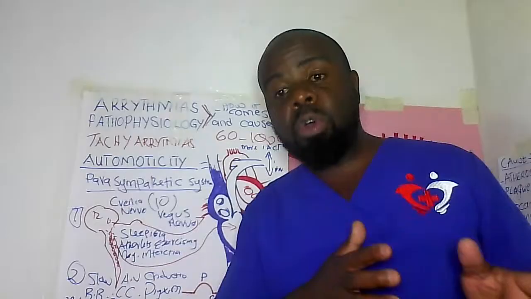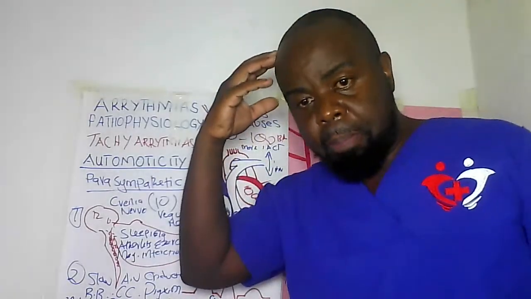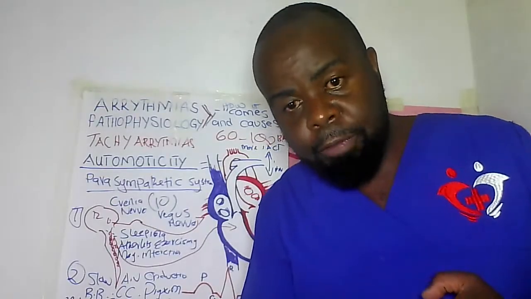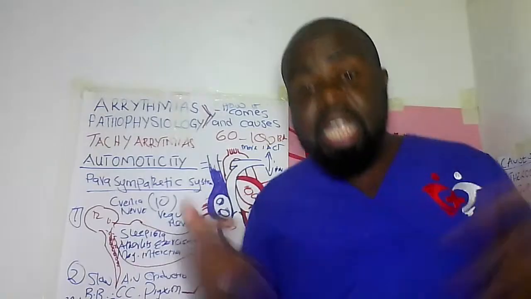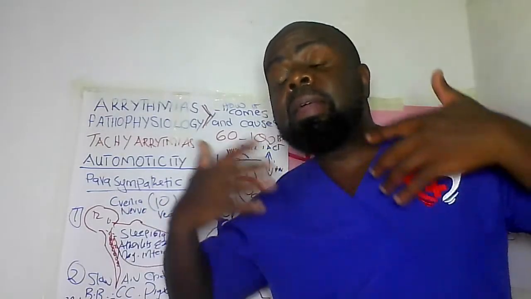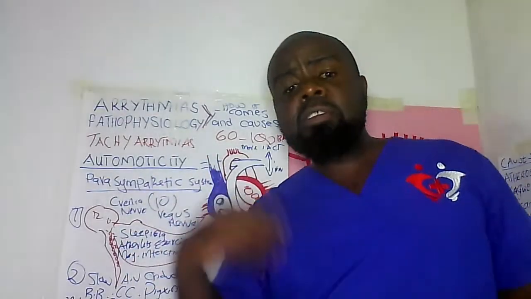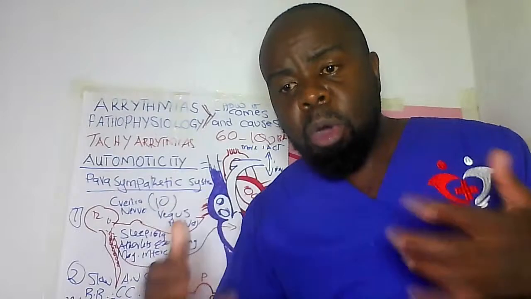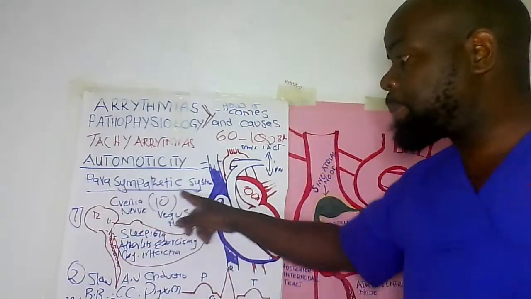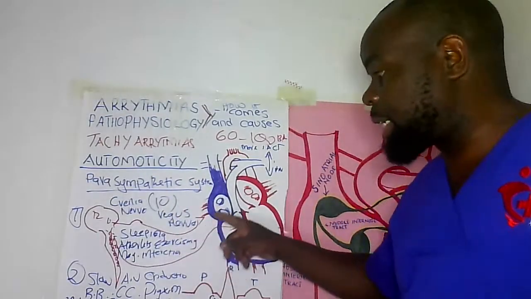We started with slow, and by slow, we talked about the nerves from the brain, one of them being the 10th cranial nerve called the vagus nerve. When the vagus nerve is excited, it produces acetylcholine, which carries the transmission to the heart. So when you excite it more and it produces more acetylcholine, your heart beats more slowly. That's why we call it the parasympathetic nervous system, PNS.